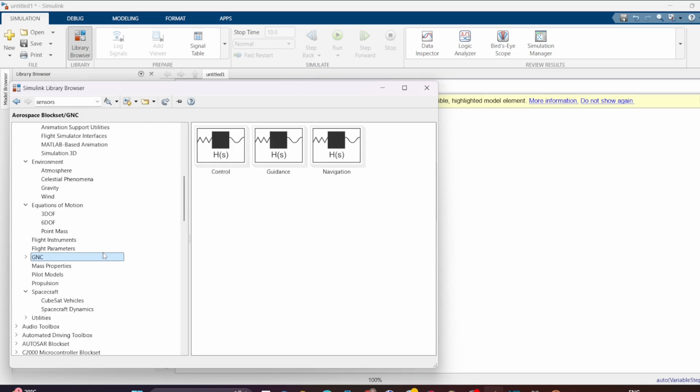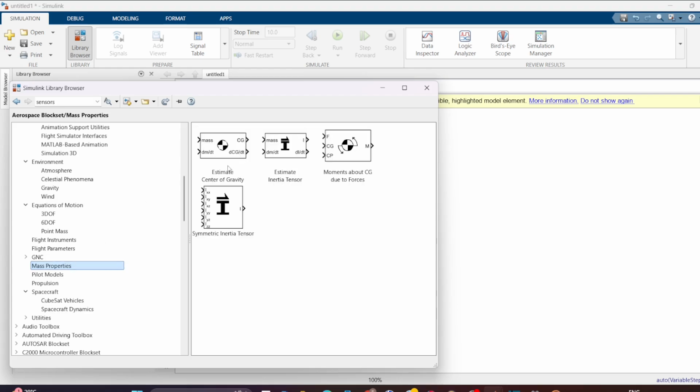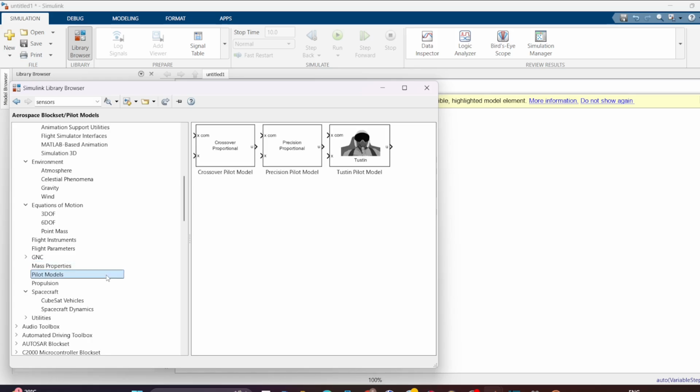I will teach you the PID controller in upcoming videos, so stay tuned. So in GNC, we have mass properties like estimate center of gravity, estimate inertia tensor, moments about CG due to forces, and symmetric inertia tensor. Then we have pilot models: crossover pilot model, precision pilot model, touchscreen pilot model.